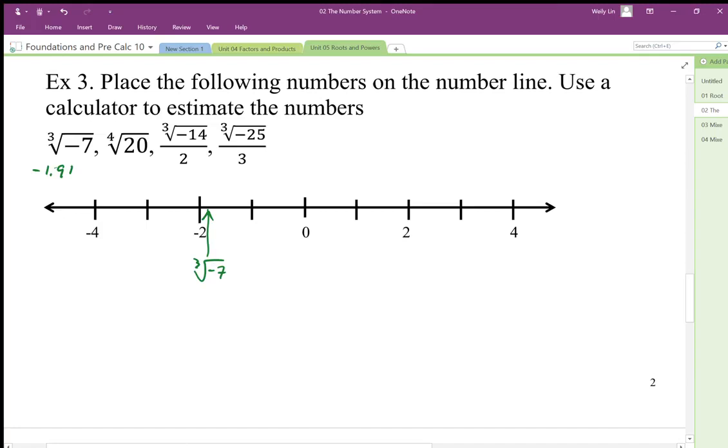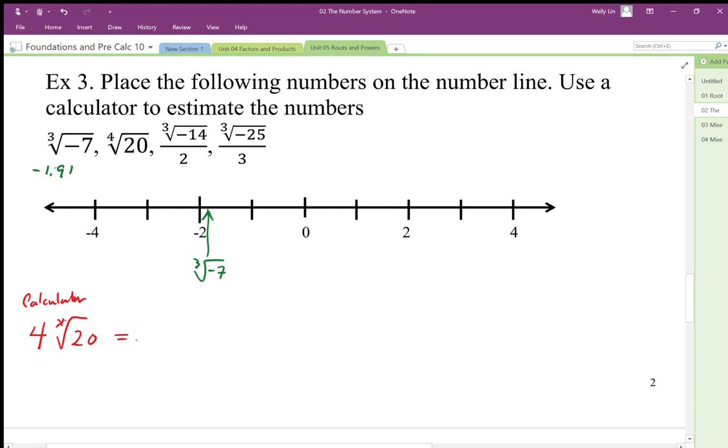For the fourth root of 20, I have to find my fourth root button. The fourth root button usually looks like this, it has a little x in there. And the way I put it into my calculator is 4 root 20 like that. When I work that out, this does not mean 4 times 20, but this is what it looks like on my calculator.